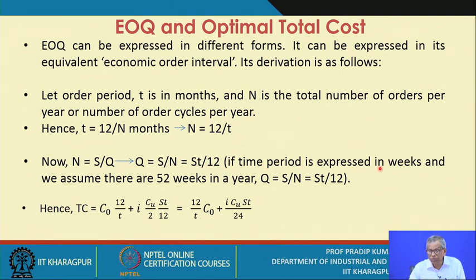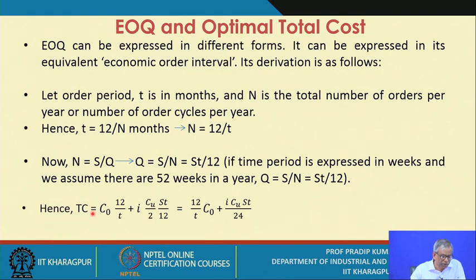If the time period is expressed in weeks, and we assume there are 52 weeks in a year, then Q will be S by N, that is ST divided by 52. So if you write ST by 12, the time period is in months, but if you write ST by 52, the order period is in weeks, and we are assuming that there are 52 weeks in a year.